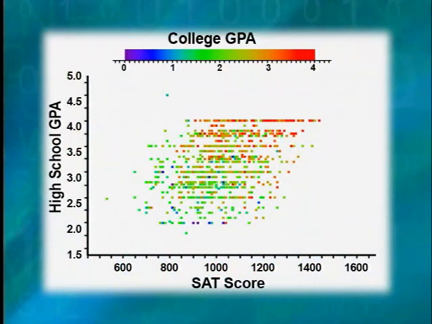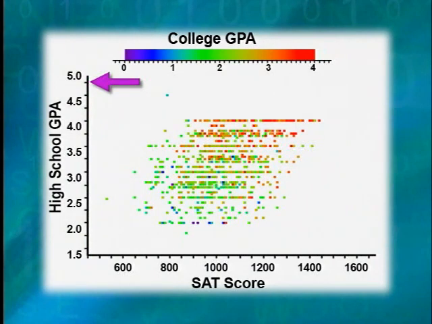And we can make a really attractive graph of this using a way of capturing what really is a three-dimensional object in the plane. Namely, we have the scatter plot as before with SAT scores on this axis and the high school grade point average this time on this axis.